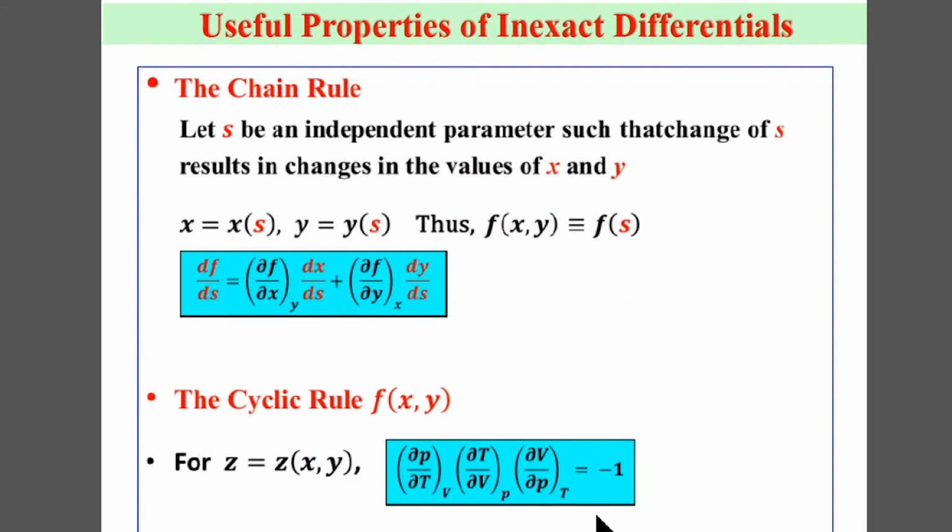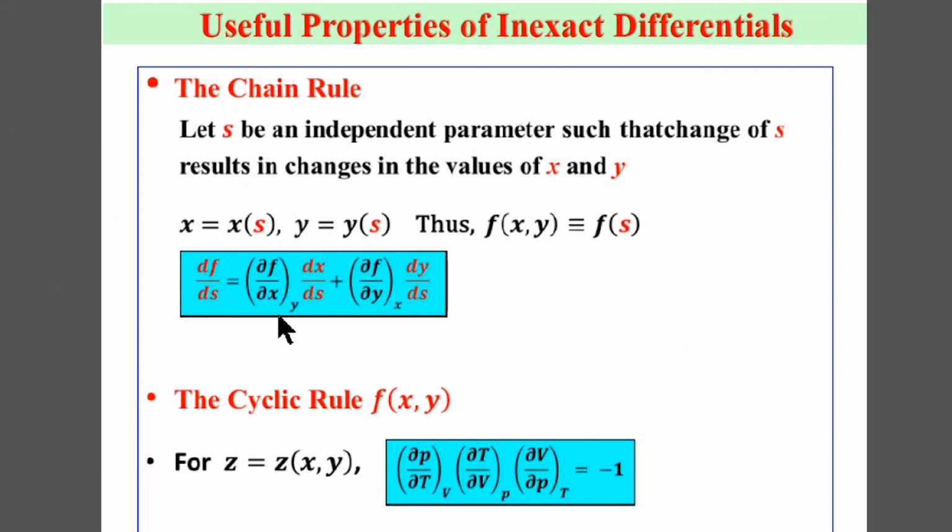Another rule for a path function: suppose I have a function z dependent on x and y, where x is dependent on s and y is also dependent on s. That means we can write down the chain rule for the total differential.